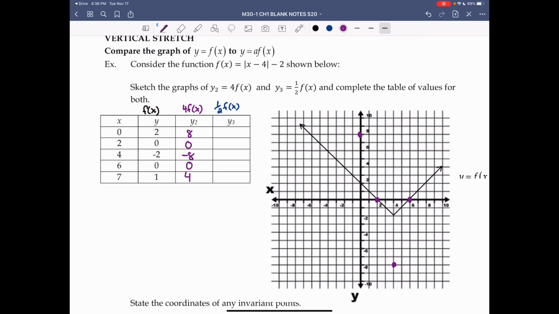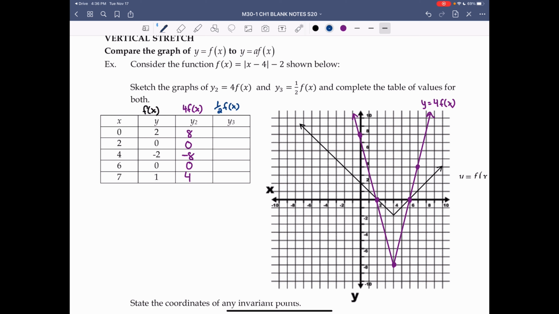And when x is 7, y2 is 4. Then we can join our points together. And this is our function y equals 4 f of x.